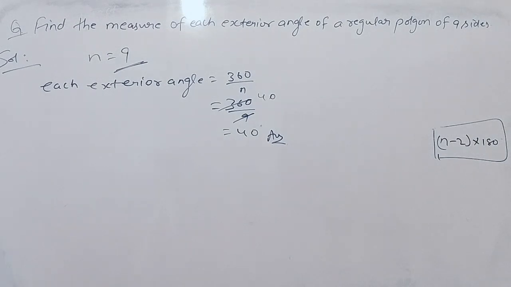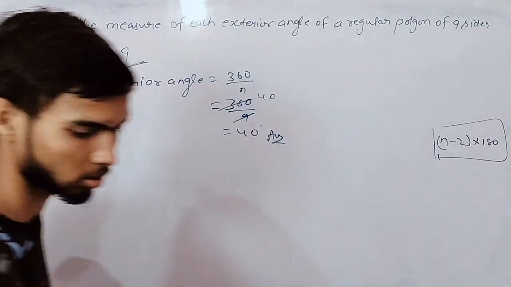So each exterior angle of a polygon with 9 sides will be 40. Next question.